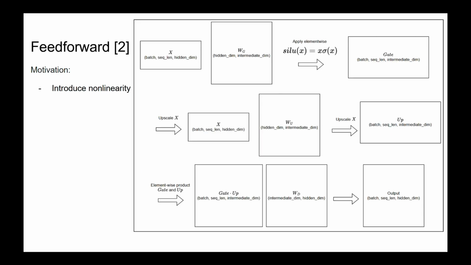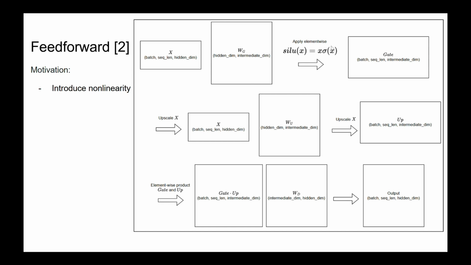Okay, so the next operation is the feedforward. Compared to the previous operation that we have, this is non-linear. That's because we have this activation function of x multiplied by the sigmoid of x over here. The sigmoid of x, you can think of it as compressing the value of x so that the output is between 0 and 1. So when we have an input of batch, sequence length, hidden dim, of course, you're going to upscale this into an intermediate dimension, apply the activation function element-wise, and then you get this gate, which has the same dimension.